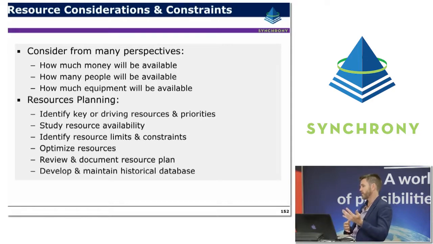What locations, what site access will we have for equipment at particular times, and what clashes might there be with other equipment. Resource planning, identifying key or driving resources and priorities. Studying the resource availability. Identifying resource limits and constraints. Optimising resources as much as possible. Reviewing and documenting the resource plan, and maintaining a historical database.